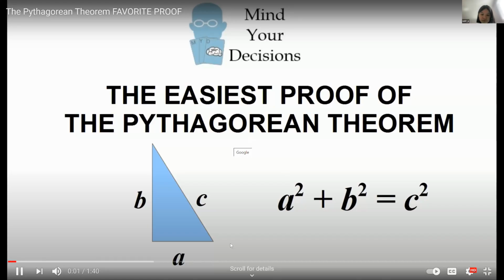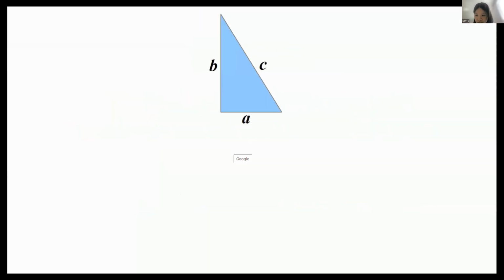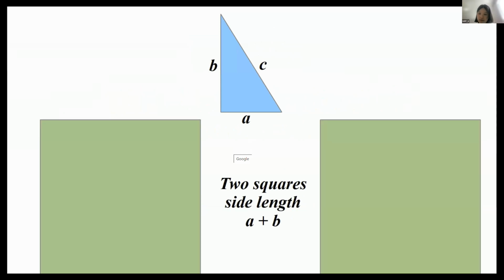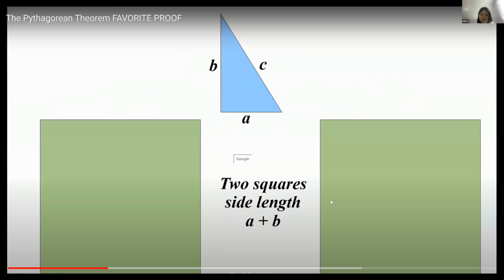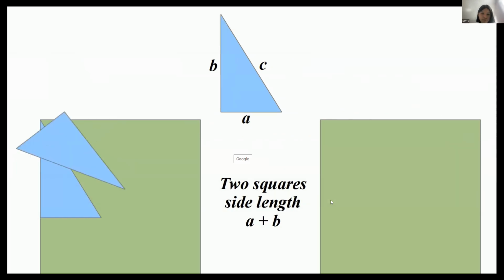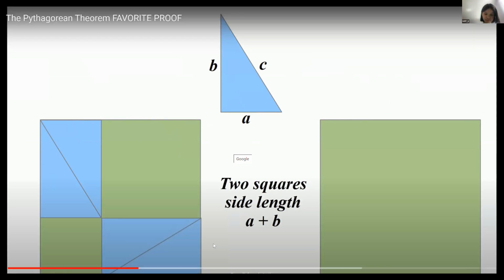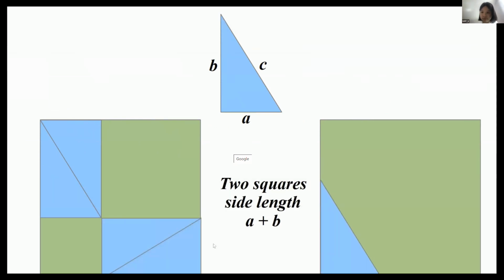Hi, this is Presh Talwalkar. In this video, I'm going to show you one of my favorite proofs of the Pythagorean theorem. We'll start out with the right triangle that has legs of A and B and a hypotenuse C. The first step is to construct two identical squares that each have a side length of A plus B. Inside each of these squares, we're going to strategically place 4 copies of the original right triangle.